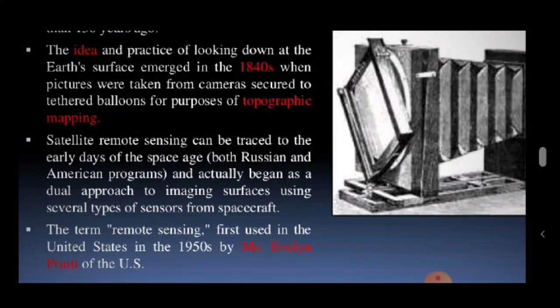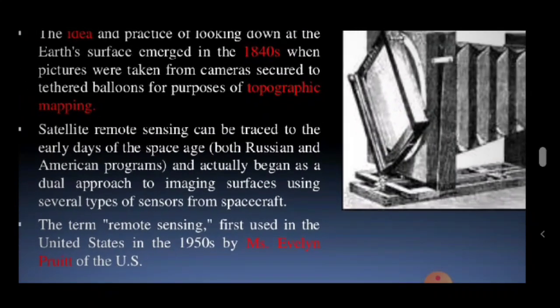Satellite remote sensing can be traced to the early days of the space age and the Cold War, between Russia and America, which took a dual approach to image surfaces using several types of sensors from spacecraft.